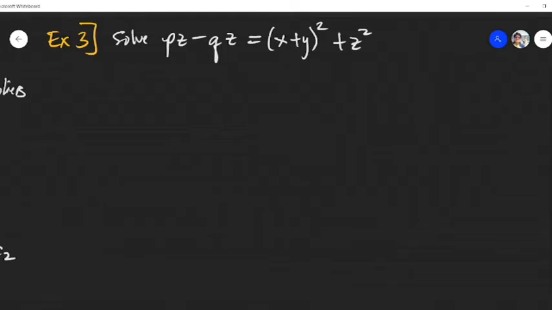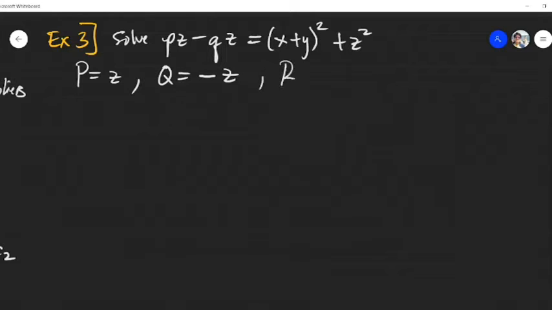So example number 3, solve for pz minus qz is equal to x plus y quantity squared plus z squared. So our solution would be find p. What is multiplied to the small p? Z only. So we have q also, negative z, because it should be plus capital Q times q.